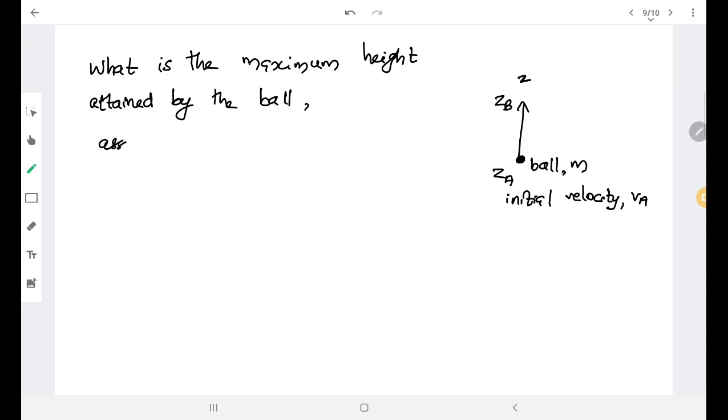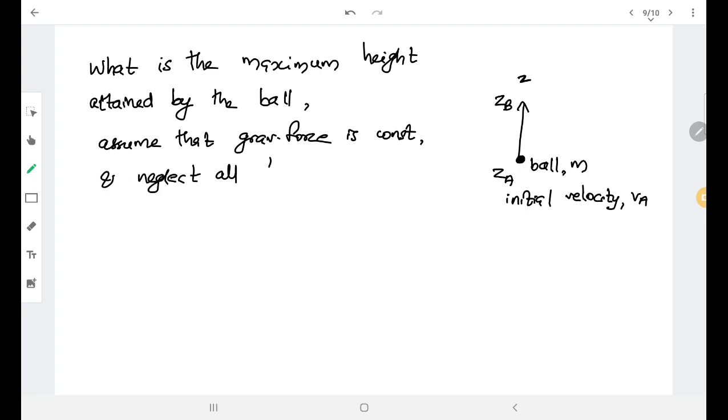So you can assume that the gravitational force is constant and neglect all frictional forces. So this is your question.